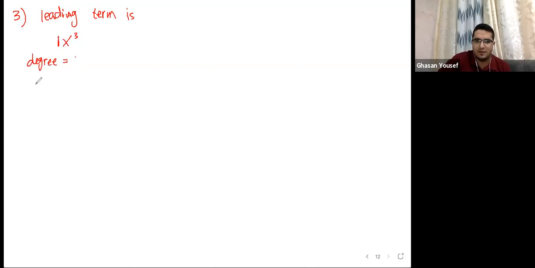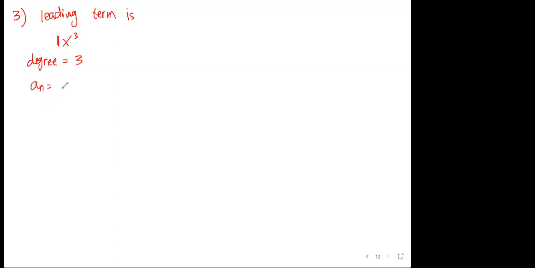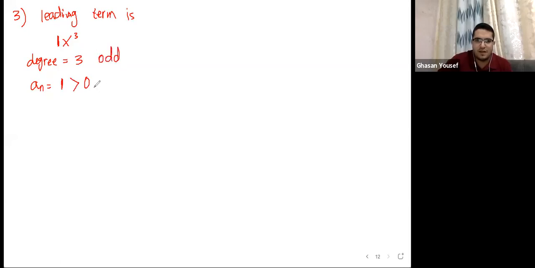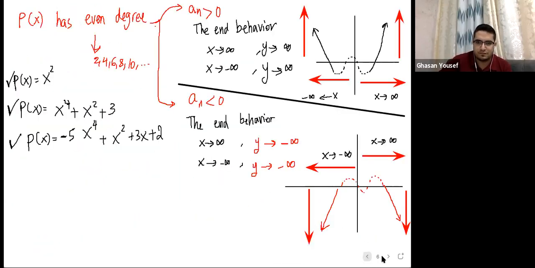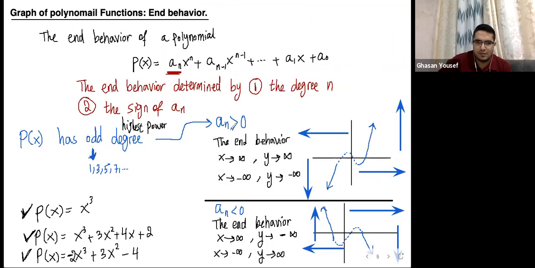So what is the degree? It's 3, correct. What is a_n? 1, exactly. It's greater than 0, positive, right? Yes. So the degree is odd and the leading coefficient is positive. Go back to the rules: odd and positive.